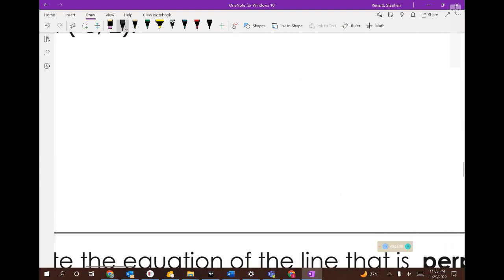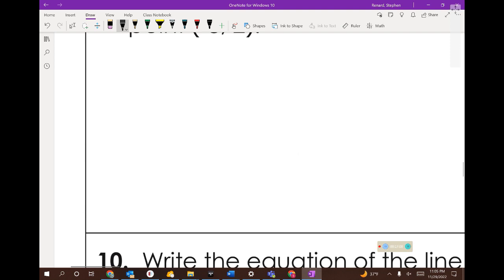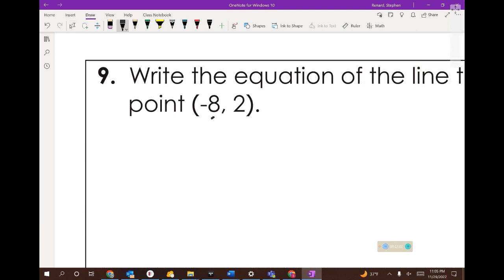So then we're on to step 4. Remember, step 4 says take the given point and the slope from number 3 and plug it into the point slope form of a line.